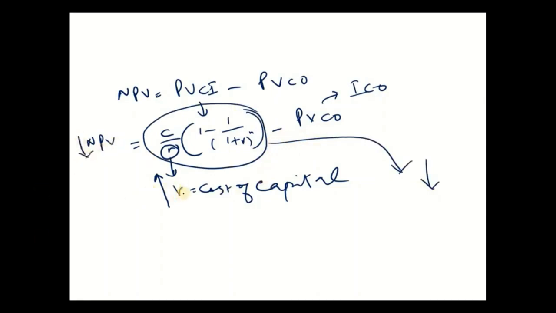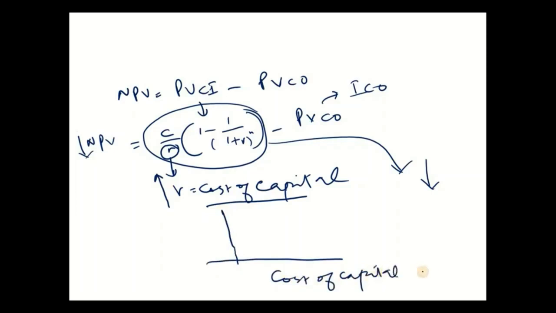You can simply see from this formula that if you increase cost of capital, NPV decreases. So there is an inverse relationship between cost of capital, that is R, and NPV.